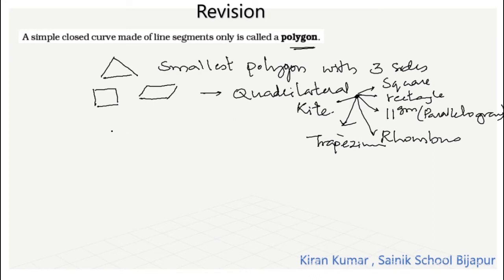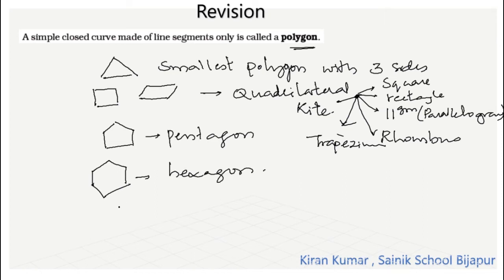If a polygon has 5 sides, it is called a pentagon. If a polygon has 6 sides, it is called a hexagon.